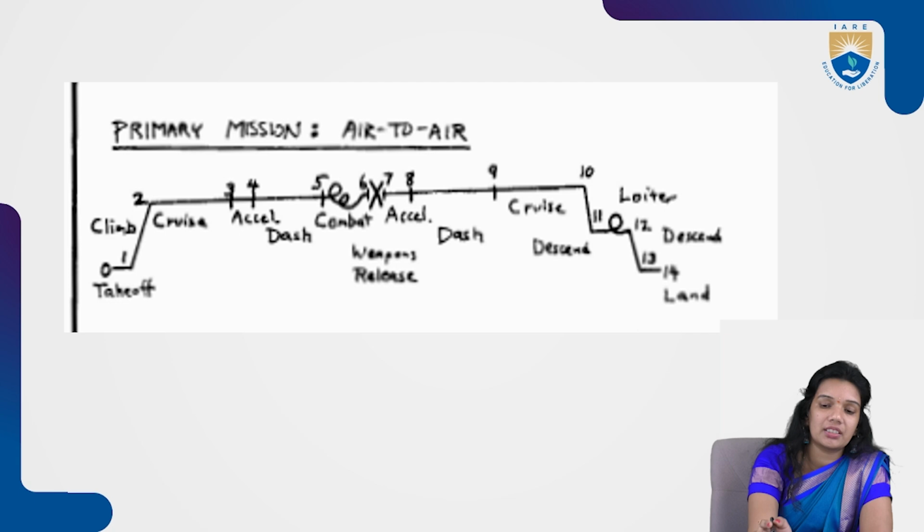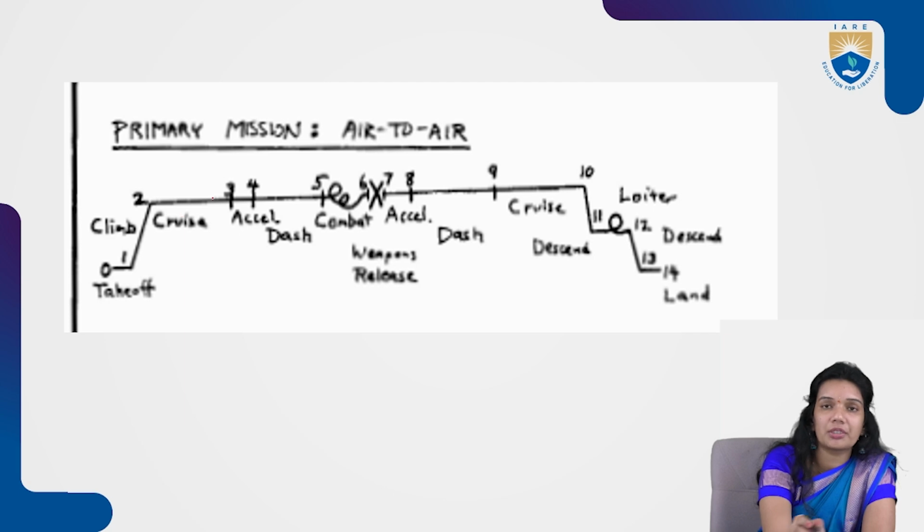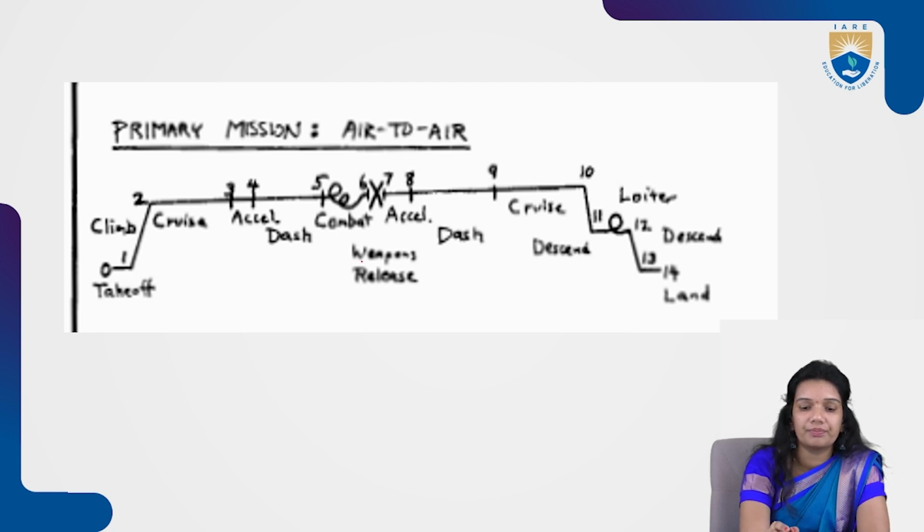Then if we see the other side, the other side is again the same because the values are also almost the same. So this acceleration is going to be equal to this acceleration, this dash segment is going to be equal to this particular dash segment, and the cruise segment is again going to be equal to this particular cruise segment, right? So 10 to 9 is equal to 4 to 2. 9 to 8 is equal to what is 9 to 8?